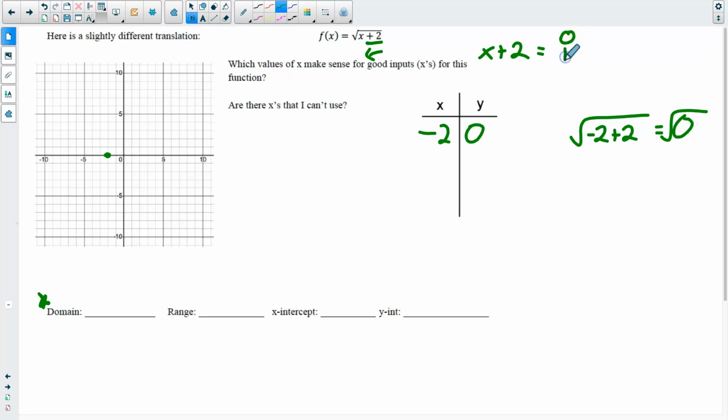I want 0, 1, and 4. So if I subtract 2 from all of those numbers, it gives me the number that I need for x. So I got negative 2. I take 1 minus 2, and I get negative 1. That's the other piece I'm going to look at, and our final number is going to be 2. We plug these in.